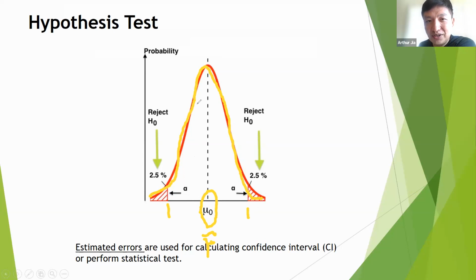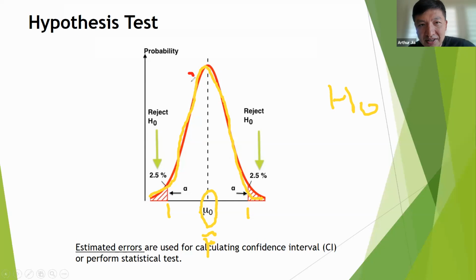So this is our null distribution. Based on our null hypothesis, we can draw a null distribution for the parameter of interest. Now you can easily calculate a test statistic based on your data, and then compare your test statistic against this null distribution.